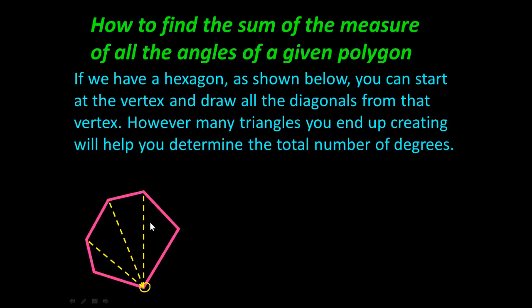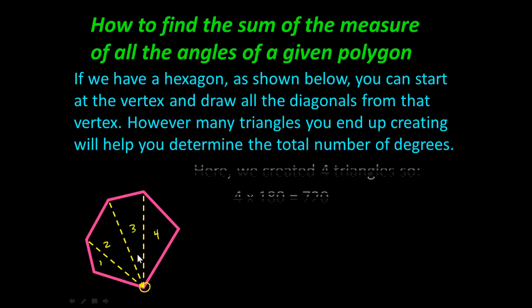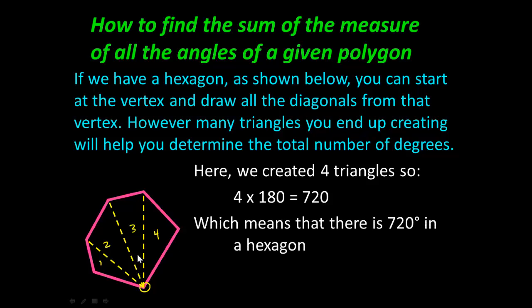I can only draw 3, because if I try to draw it to either of these 2 sides, it just forms a side, so it's not a diagonal. So that gives me 1, 2, 3, 4 triangles. So what we can do is 4 times 180, and that equals 720. So that means that there's 720 degrees in a hexagon. And this works for any particular type of shape.